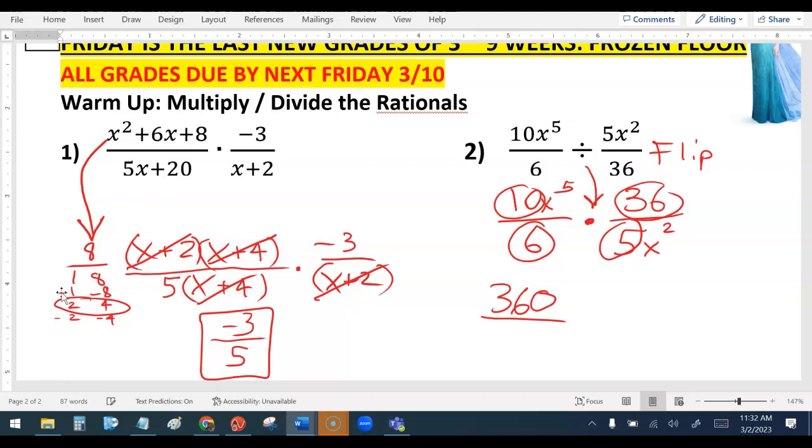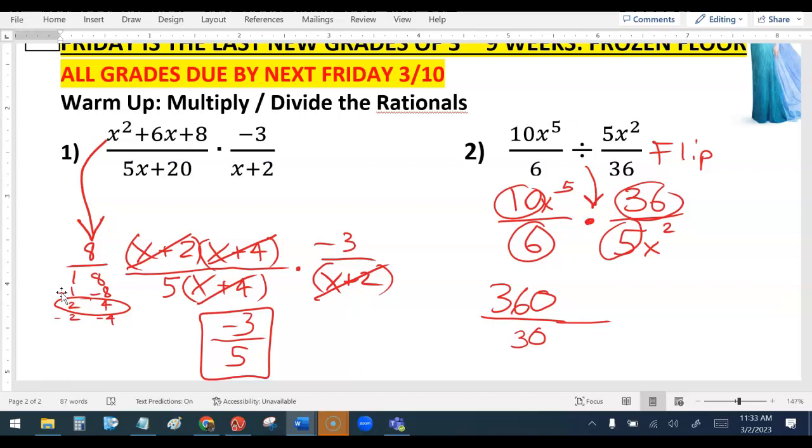What do we get? 6 times 5 is not 60, actually. Oh, 30, yes. Yeah, 360 over 30. So my regular numbers, my coefficients, they multiply on top, they multiply on bottom.